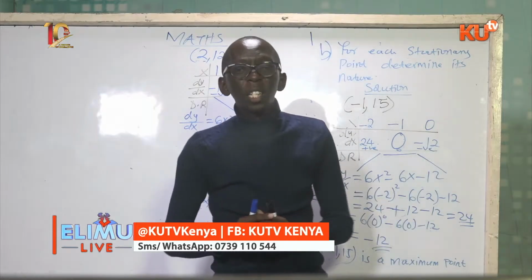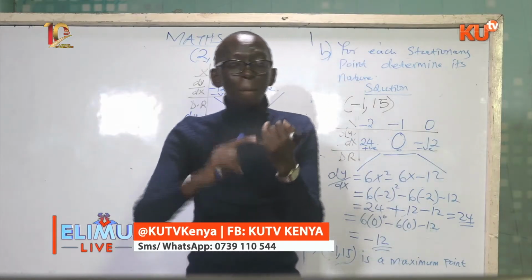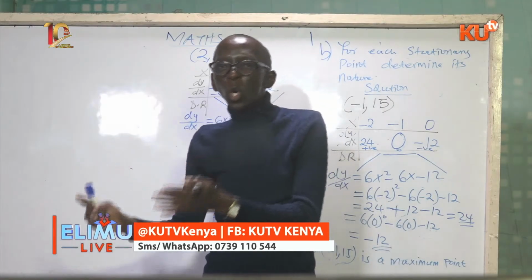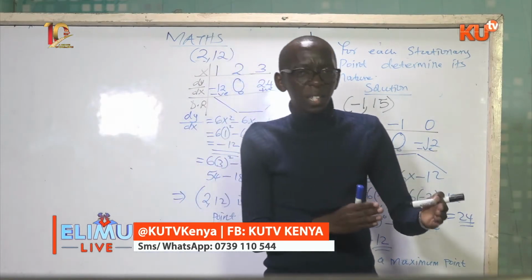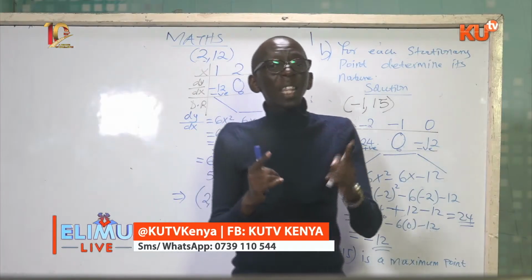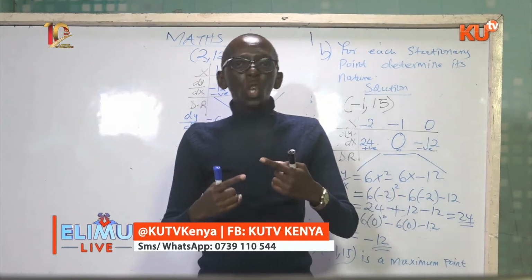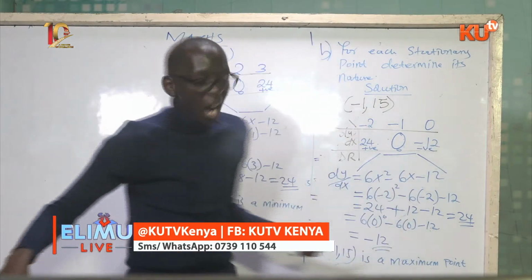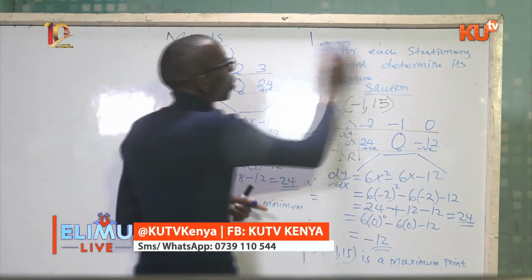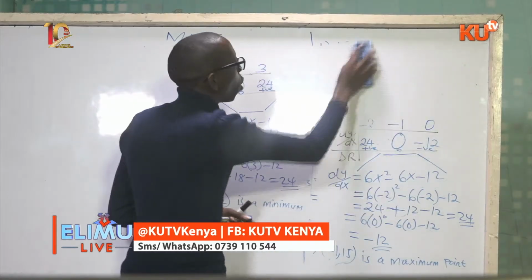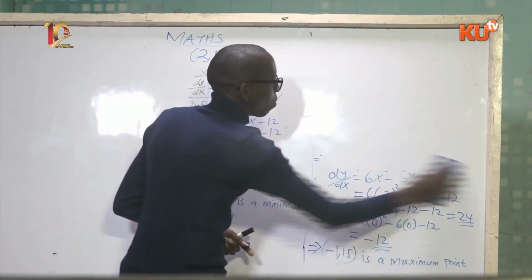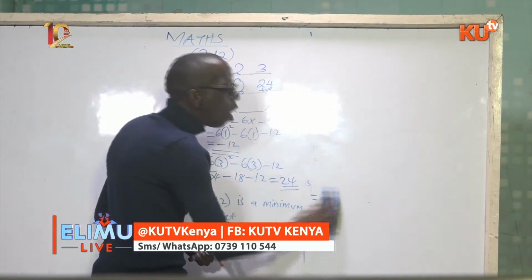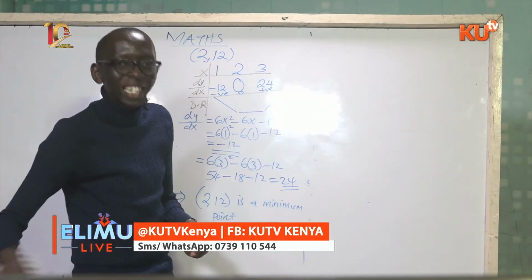So my dear student, we have learned about maximum point and minimum point. Let us look at the other points. There is another point that occurs as a result of 2 kinds of natures. We have maximum, minimum, and another point that we call point of inflection.